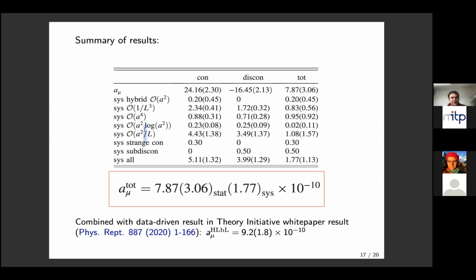So you want to be sure that this doesn't introduce a larger systematic uncertainty, which this one here checks. And overall, combining all these statistical and systematic uncertainties, you arrive at this result, which then, as I said before, was combined in the Theory Initiative white paper with the data-driven results.